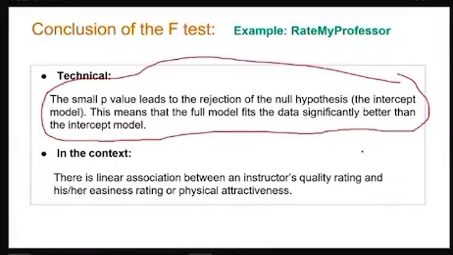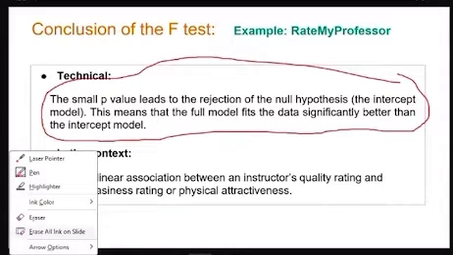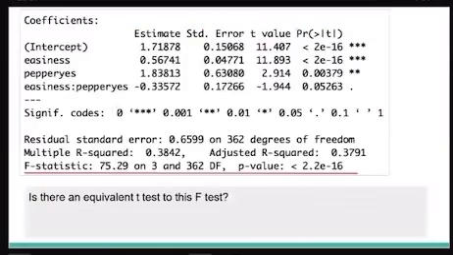Now, going back to this, I want to say something. Pay attention. You remember the other time when I was focusing on simple linear regression, I said the p-value here has to be equal to the p-value associated with a particular slope.